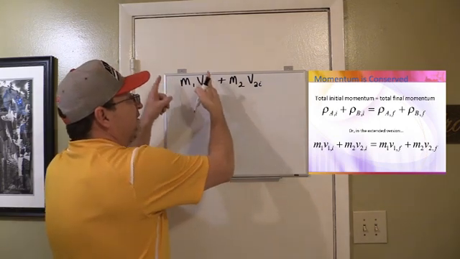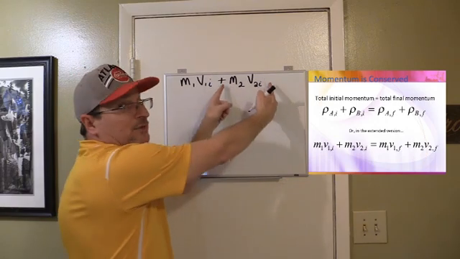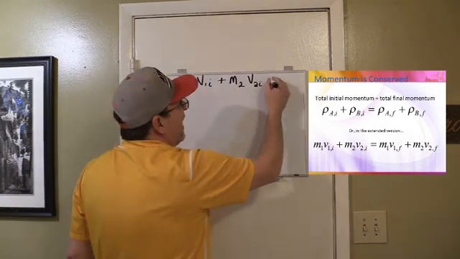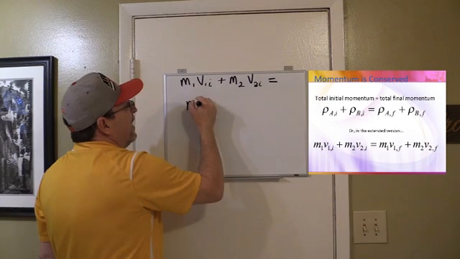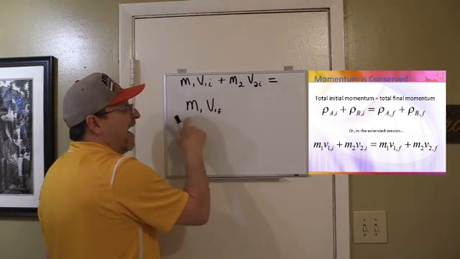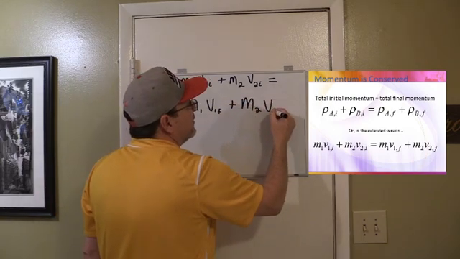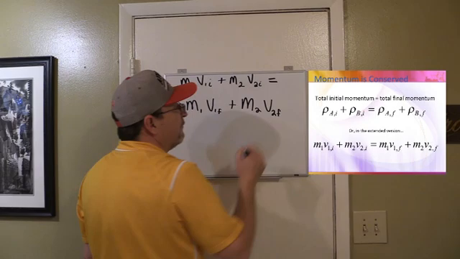So it's just the momentum formula for one object plus the momentum of another object. And that's going to equal the mass of 1 times velocity of 1 final, this is after the collision, plus the mass of 2 times the velocity of 2 final.